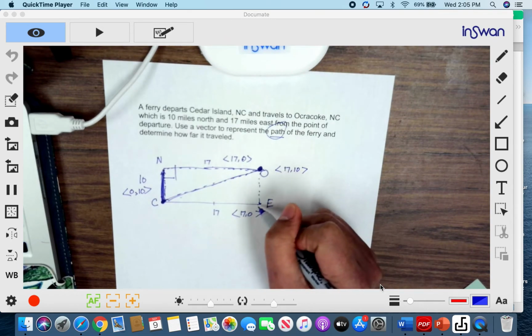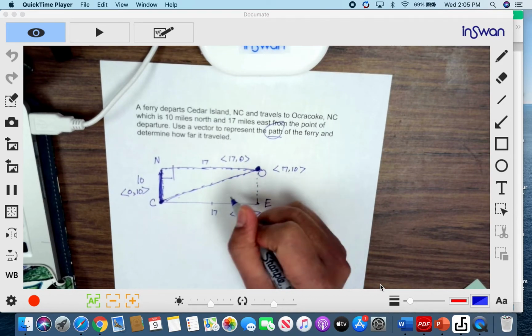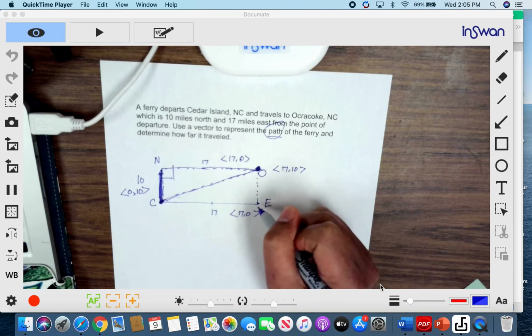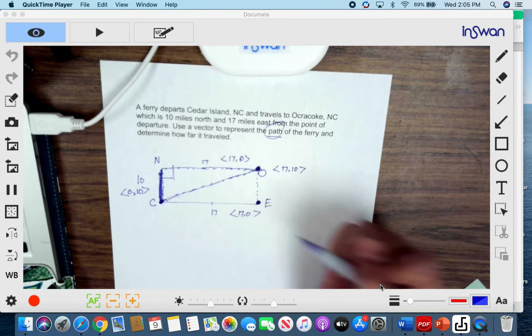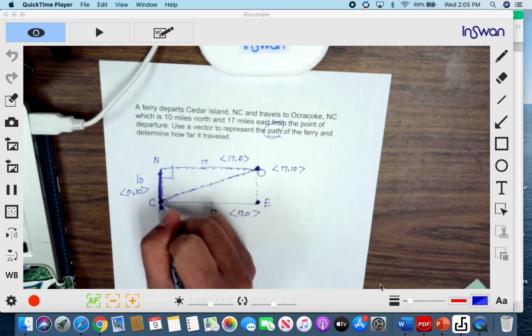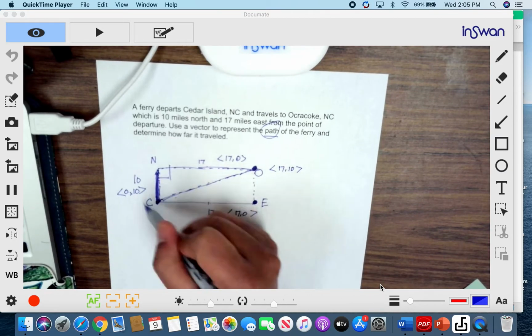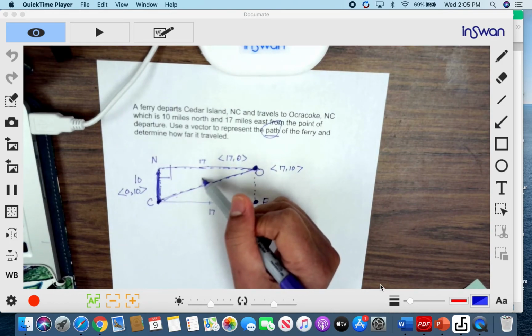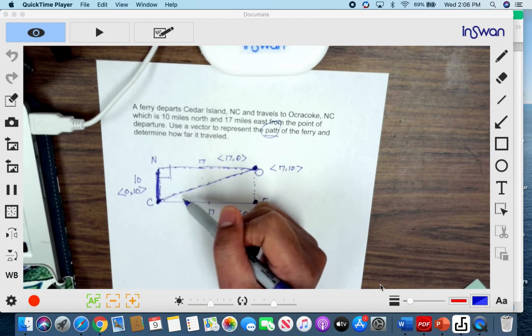Now, this is not a proper triangle that we need to manipulate in order to find the distance, because this is not the point of departure. This is the east direction already from the point of departure. So the proper way of writing the problem and illustrating it is using this triangle in the northeast direction.